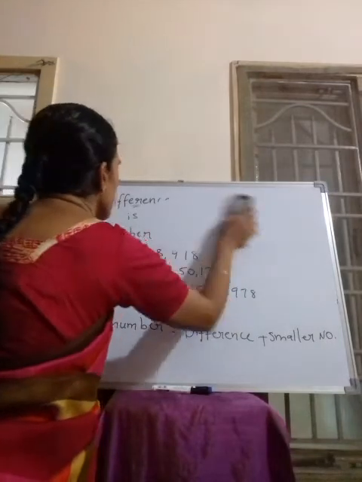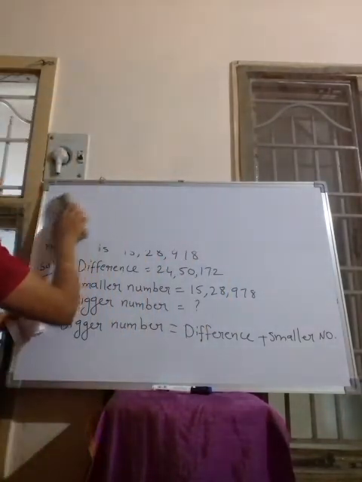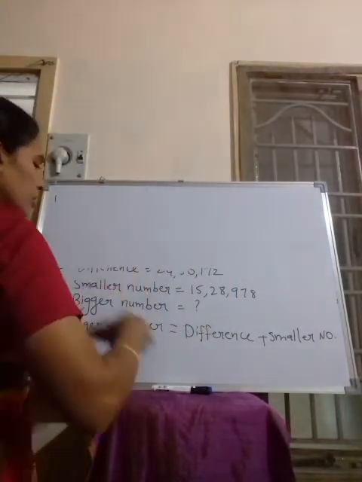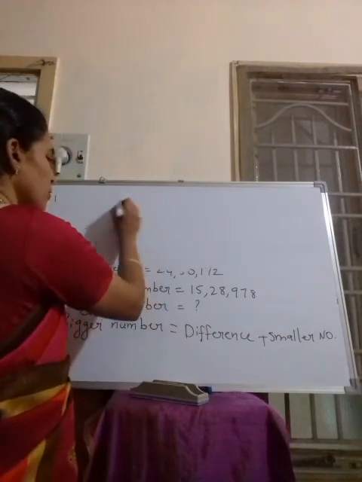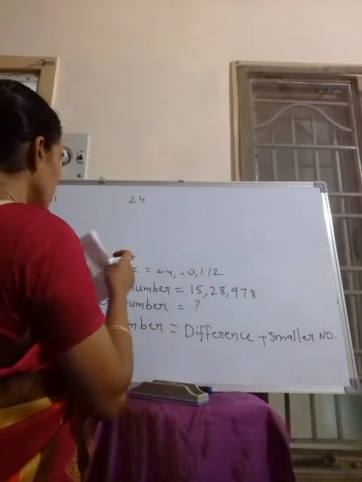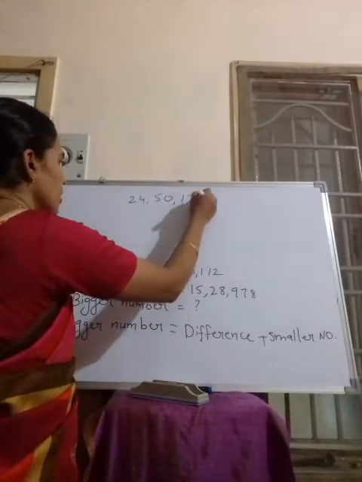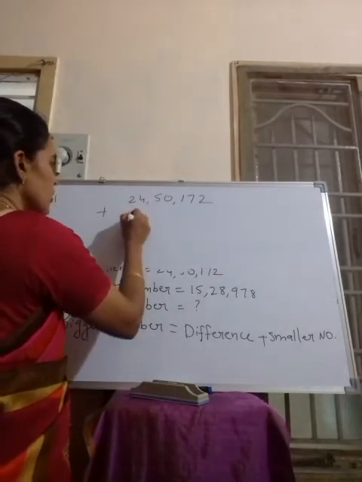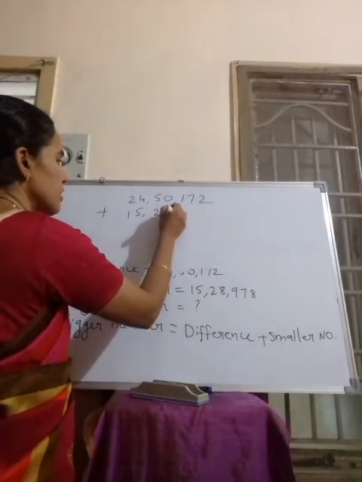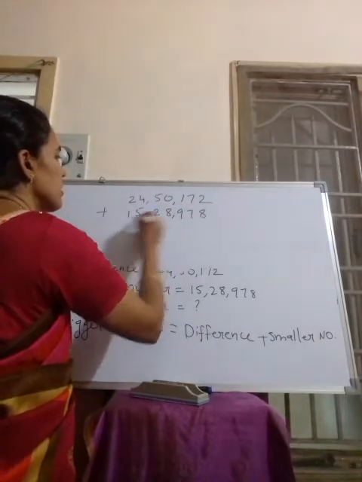Now let's see what the bigger number is by adding. Now both I am adding, that is 24,50,172 and 15,28,978.